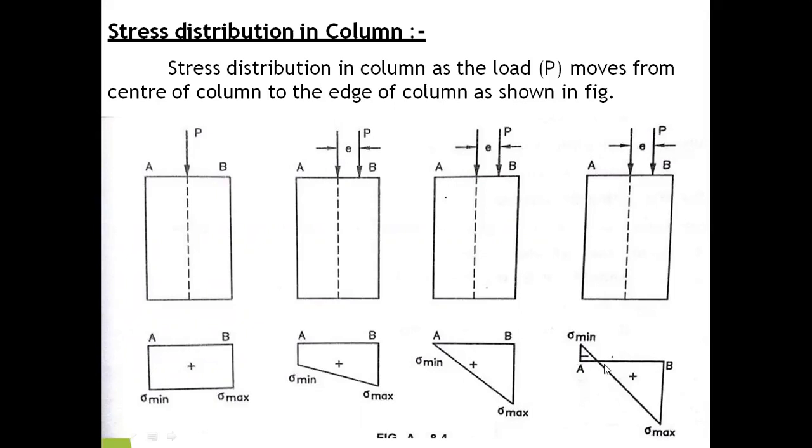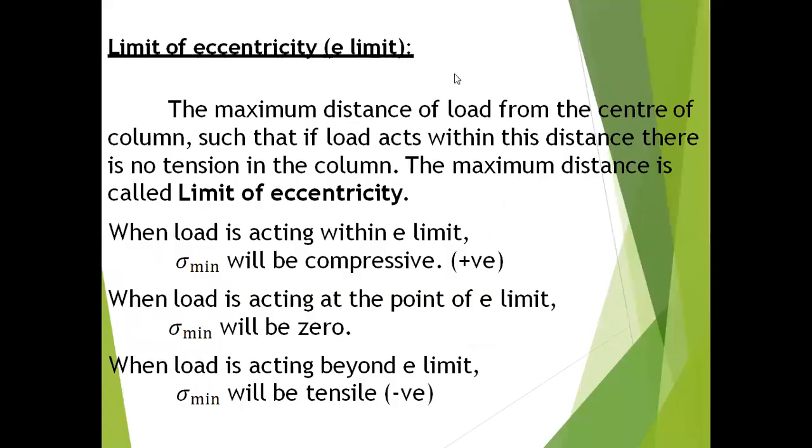So to avoid this tension, what do I have to do? I should not move the load too far from the center of the column. So there should be some limit. That limit is called the limit of eccentricity. Very, very important heading. Many people will ask you what you mean by limit of eccentricity.